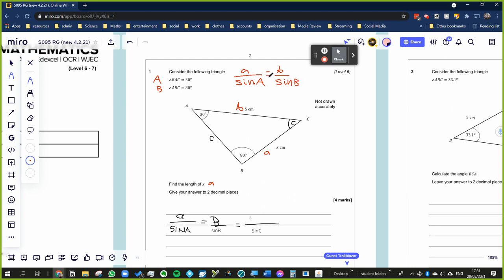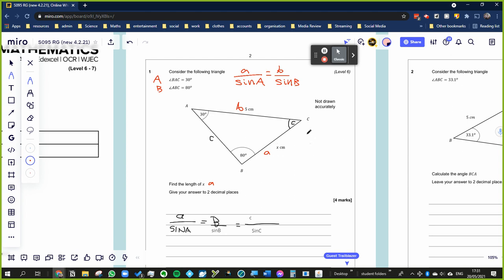I'm simply saying that any two relationships between the side and the opposite angle are equal to one another. The ratio between the length of the side and the sine of its opposite angle, that fraction, is equal to any other fraction on the same triangle.